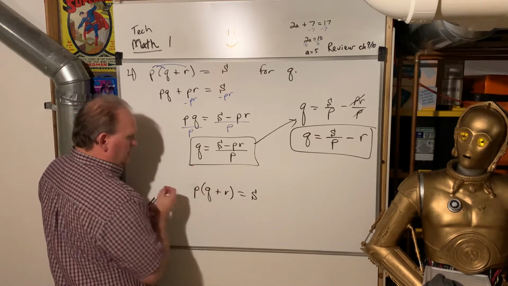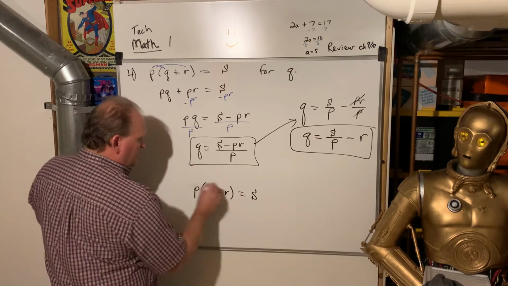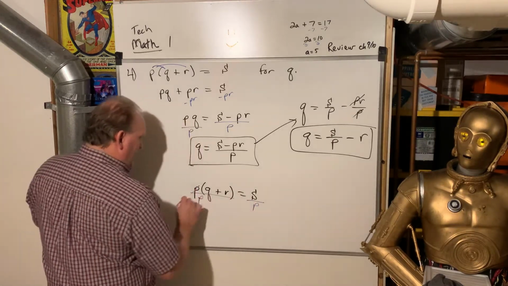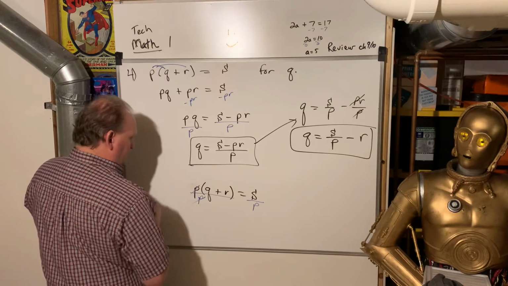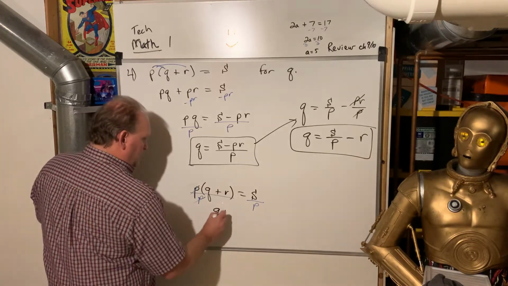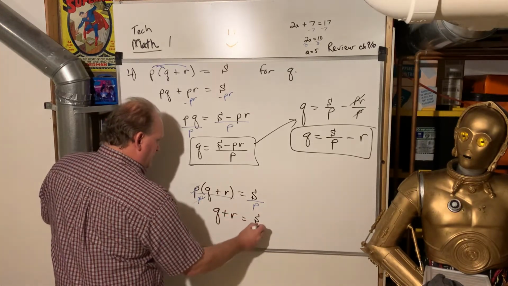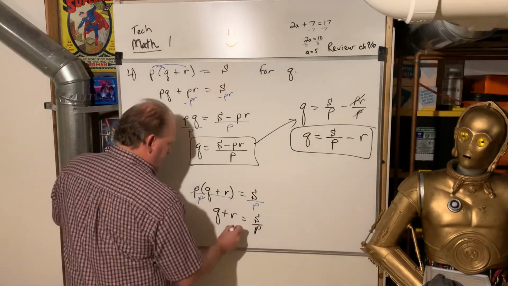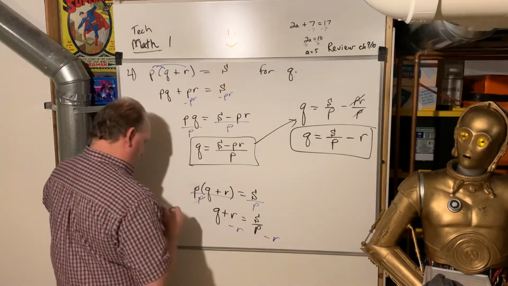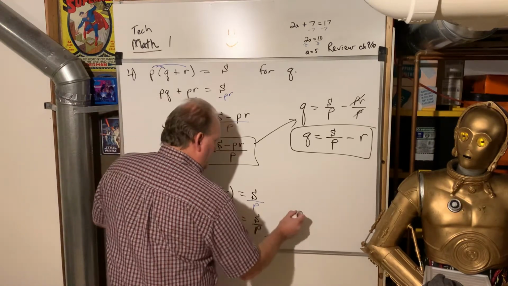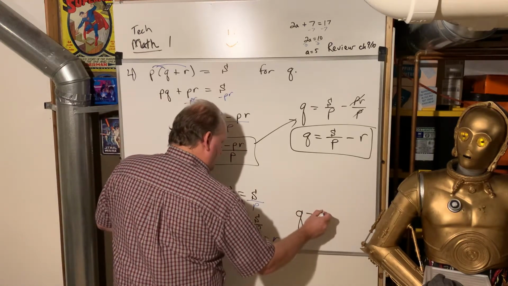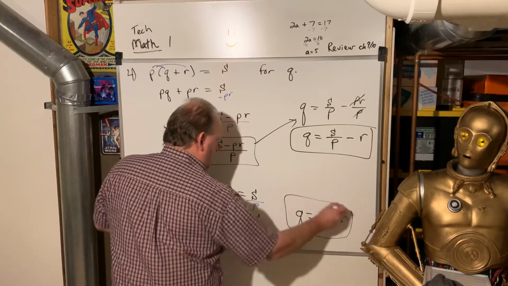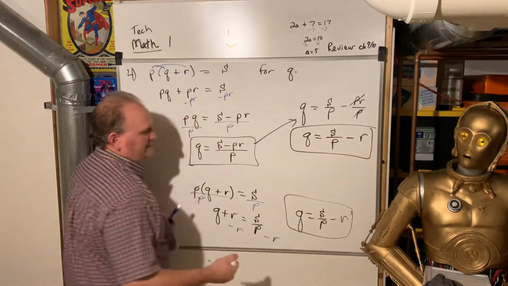What you could do, if you were trying to solve for Q, instead of distributing the P, divide out the P right off the bat, don't distribute it. And then you got Q plus R is equal to S over P, and then subtract R from both sides. And then you get Q is equal to S over P minus R, which is exactly the same as that.